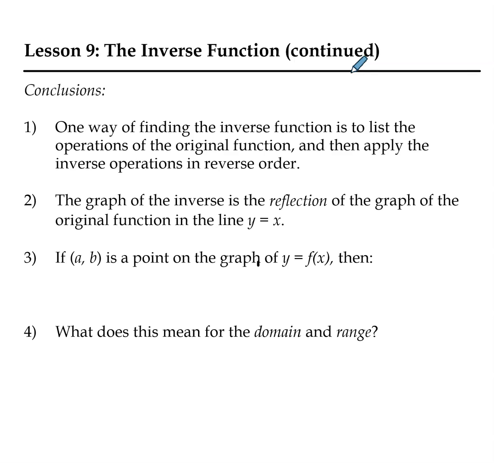So another way to consider inverses is if we look at the point AB on our graph, then BA is considered the inverse coordinate.